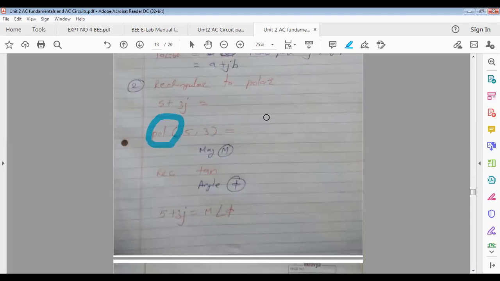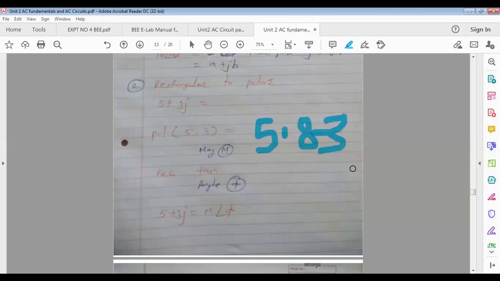It is displaying. In some calculators, it will display both magnitude and angle. Note down both. In some calculators, it displays only magnitude. So 5.83. Keep it on screen as it is. Just note it down in your notebook and then again press recall tan. Here by mistake I have written REC. It should be RCL.